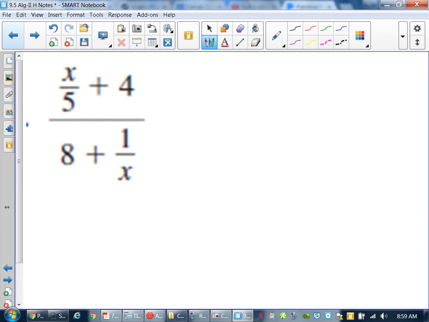All right. Take a minute and simplify that, so you can do it. It's not as complicated as the one we just did. What is the 4 over that you don't see? And what is the 8 over that you don't see?